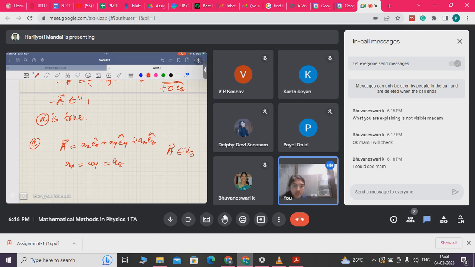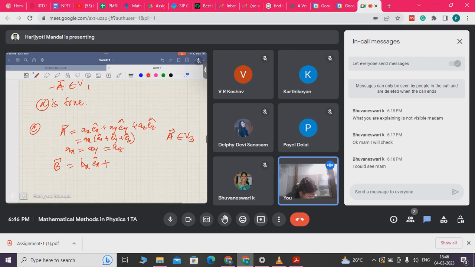A belongs to a vector space V3, say, because it's the third condition, so I have given the name vector space V3. Similarly, B is bx ex plus by ey plus bz ez, where bx is equal to by is equal to bz.